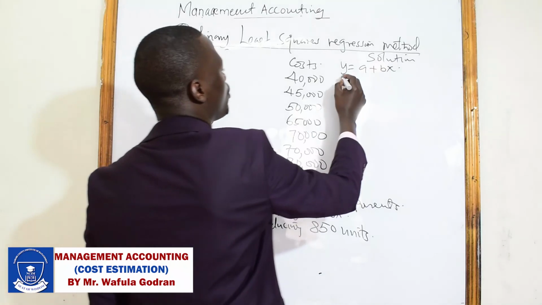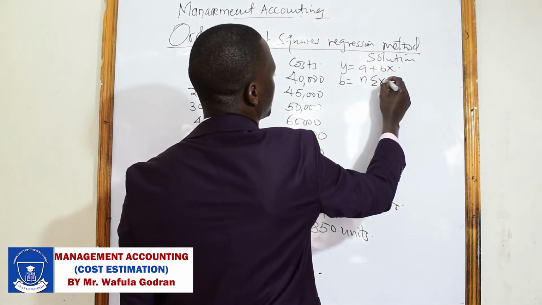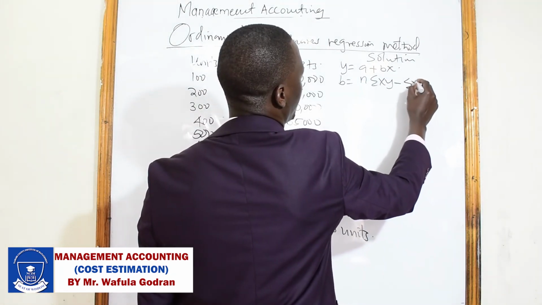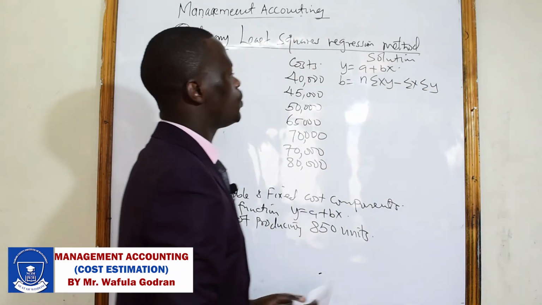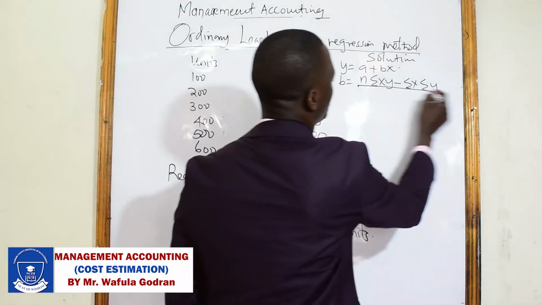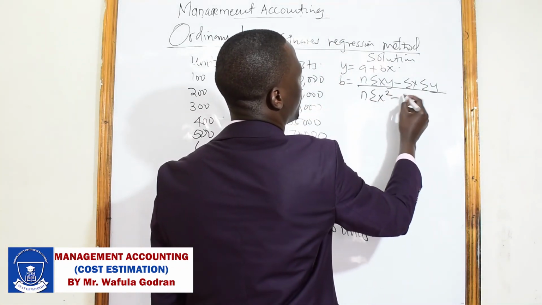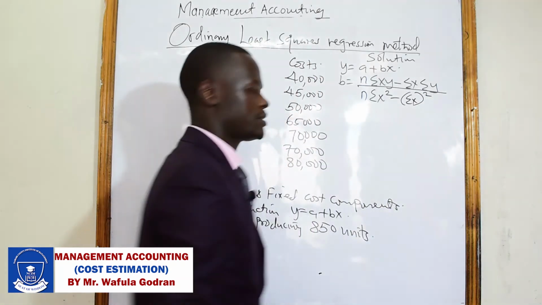Out of this, we know how to get b as n summation of xy minus summation of x, summation of y, divided by n summation of x squared minus, in brackets, summation of x squared.